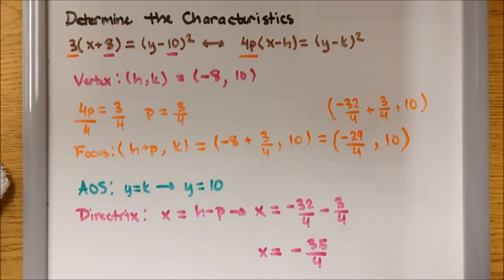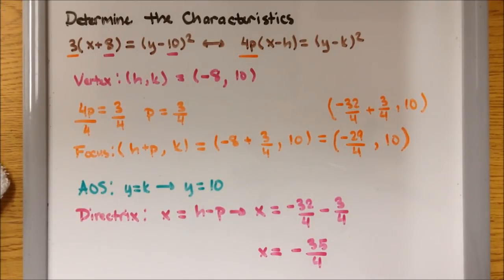So if you were to graph this, then you would have to convert this into a decimal. But if I were just asking you to determine the vertex, the focus, the axis of symmetry, the directrix, just leave it as a fraction. Don't worry about converting to a decimal. So as I repeat, if I'm just asking you for the vertex, the focus, the axis of symmetry, and the directrix, leave it as a fraction.